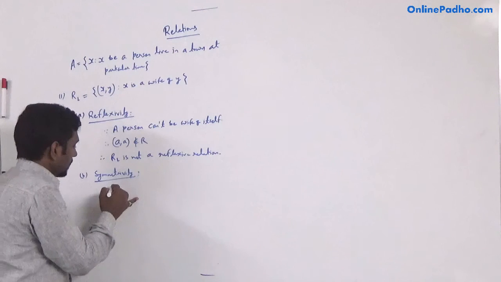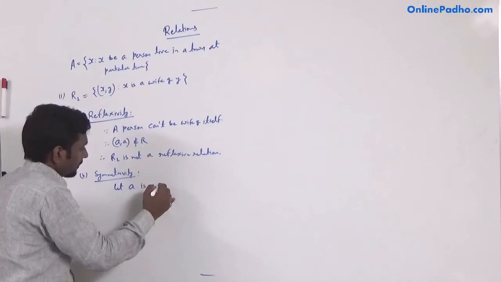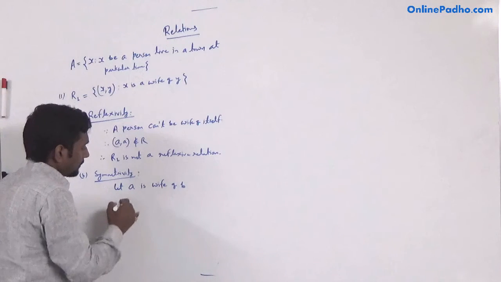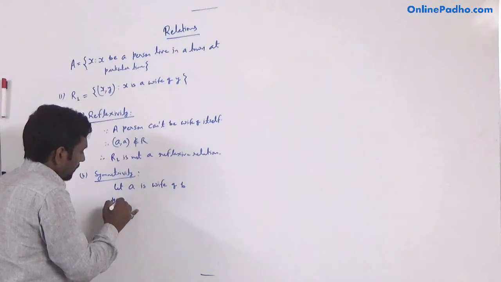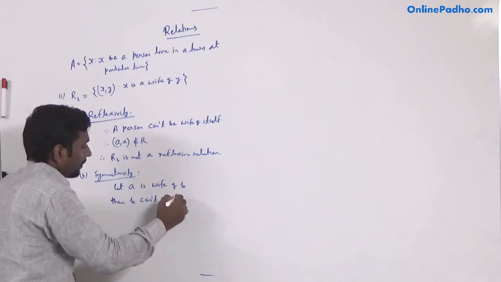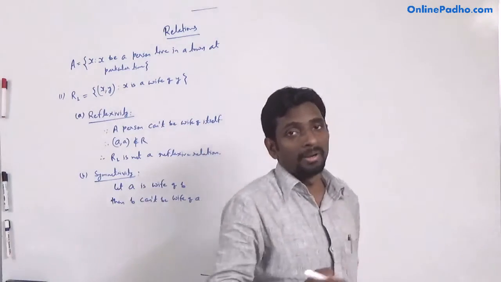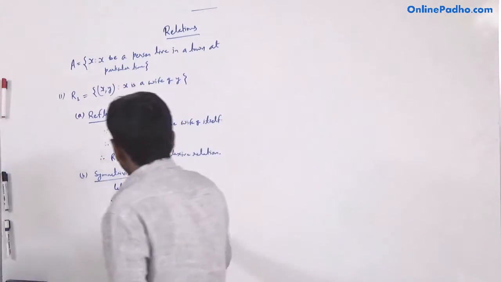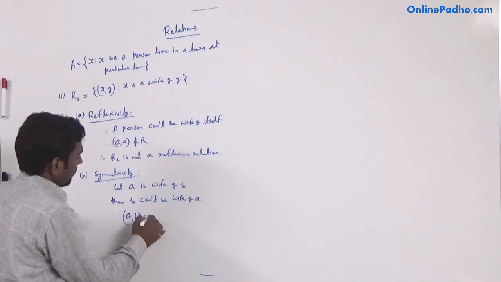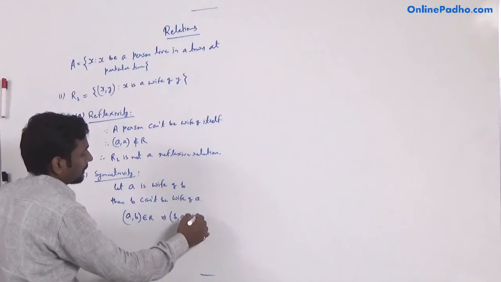Let A be the wife of B, then B cannot be the wife of A. Since A is a wife of B, B cannot be a wife of A. So (A, B) belongs to the relation, but (B, A) does not belong to the relation.